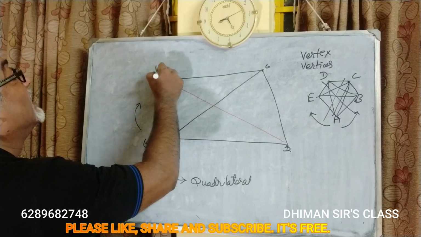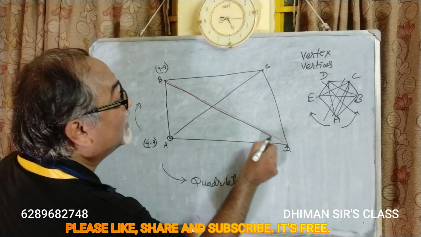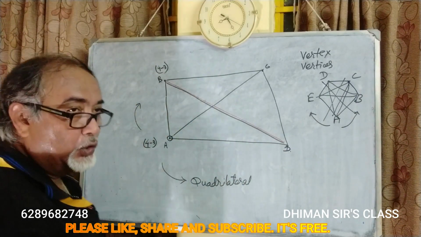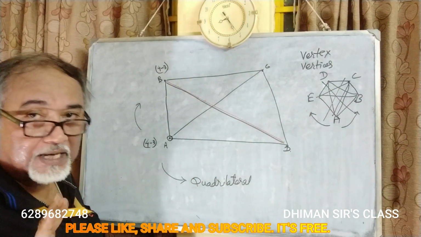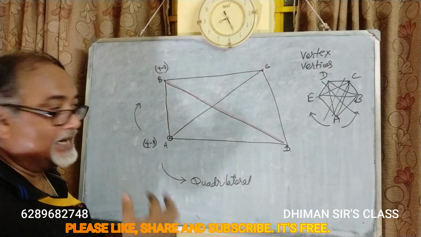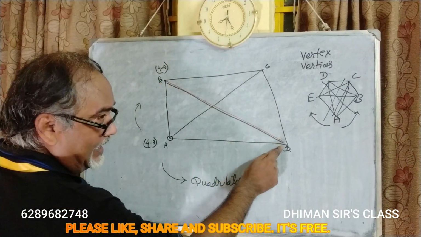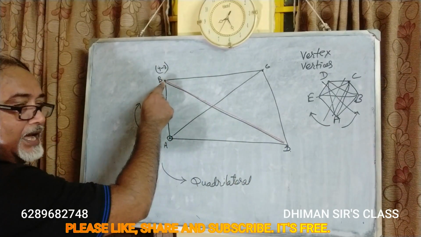Same thing will be here, 4 minus 3. Why? Because in this case also, if we draw, see, 2 lines in 2 colors I am showing, that means 2 diagonals? No, it is not correct. Only 1 diagonal. But I am showing you that if from this side we can draw a diagonal, then from this side also we can draw a diagonal.